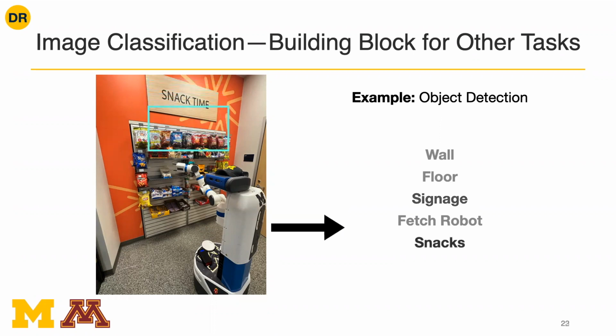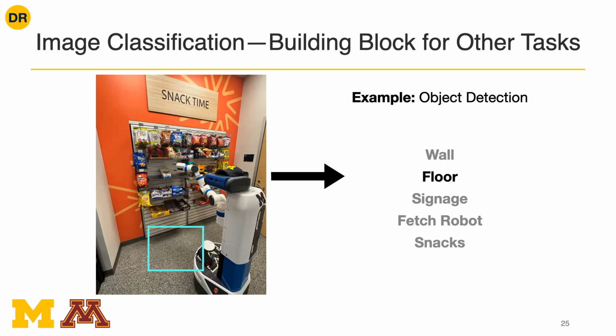If you move to a different location in the image, it should say that's a bunch of snacks. This assumes there is an existing image classifier that can classify each of these portions of the image. Move further, and it can say there is a robot, and further down, that portion is a floor. So this is how you move from image classification to object detection.